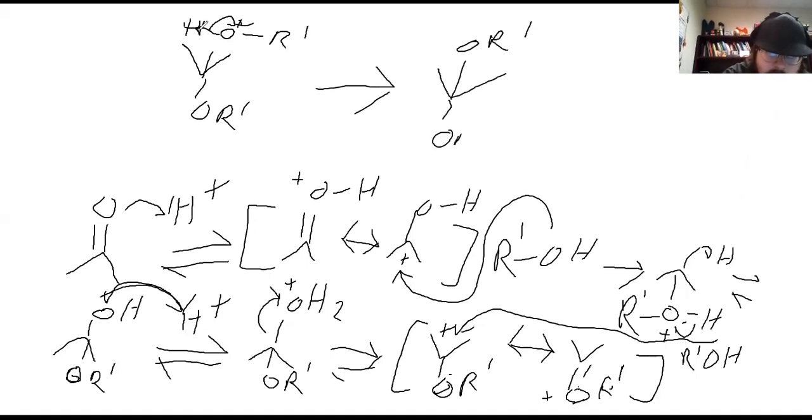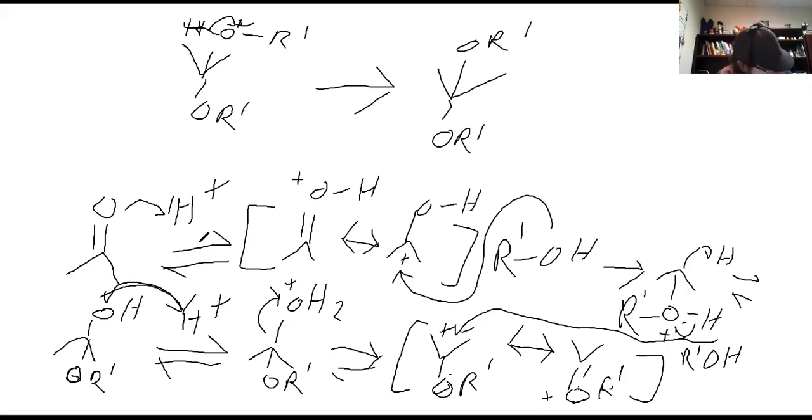Now, the thought I want to leave you with before I go is that if we do this base catalyzed, we're going to get stuck right here at the intermediate. With base catalysis, I can add that hydroxo here and then protonate it, but I'm going to be stuck with a hemiacetal.